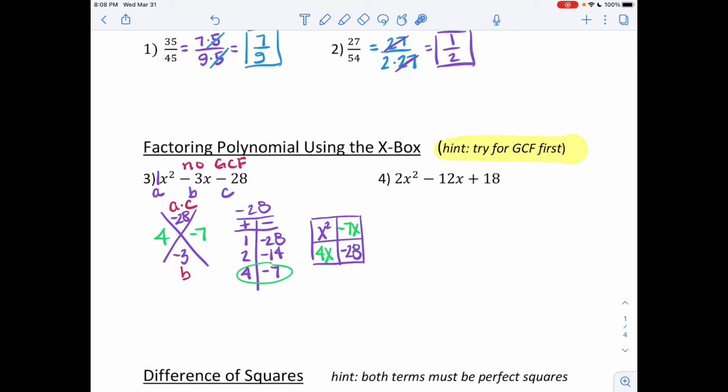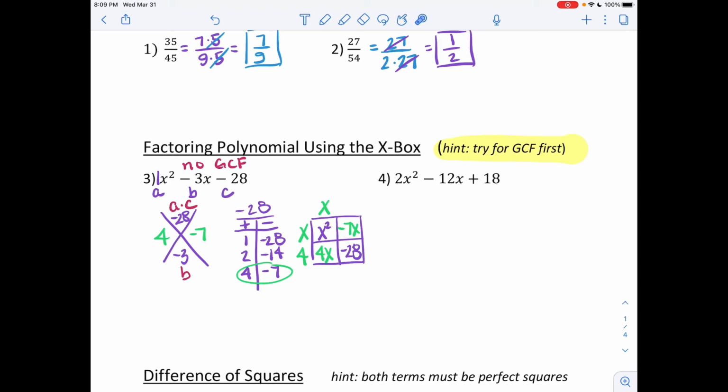So for here, I'm going to do x squared and a negative 7x. Well, those have an x in common. 4x and negative 28 is a 4. X squared and 4x, that's an x again. And negative 7x and 28, those have a negative 7 in common.